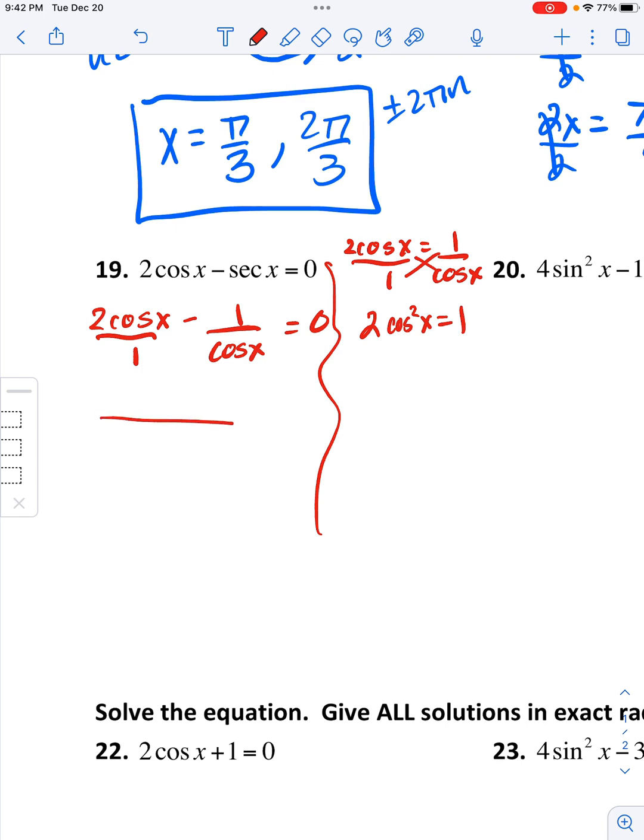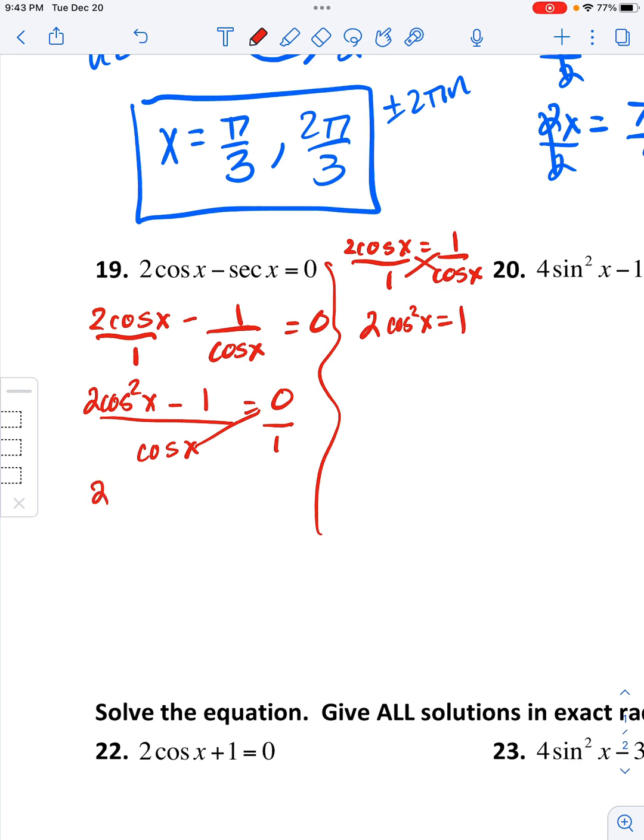Here, if I would have gone ahead and gotten my common denominator, I would end up with 2 cosine squared x minus 1 equals 0. And then, I mean, here you're kind of thinking the same thing, cross multiplying, but 0 times anything will turn into nothing.